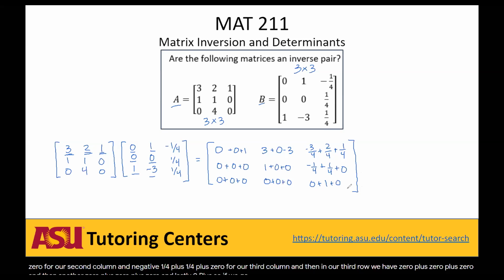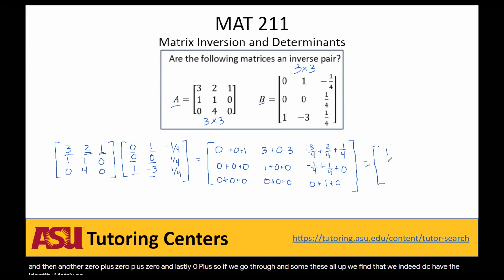If we sum these all up, we find that we indeed have the identity matrix: 1, 0, 0, 0, 1, 0, and 0, 0, 1, which is what we're looking for.